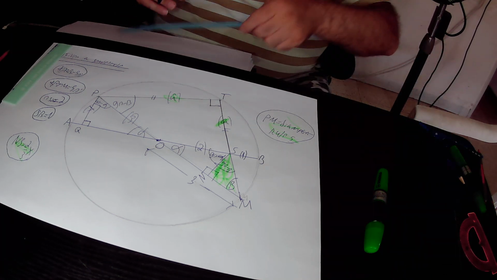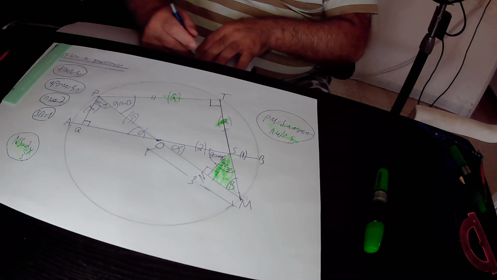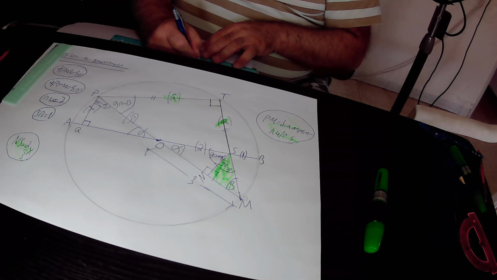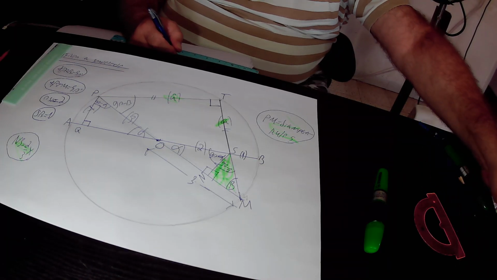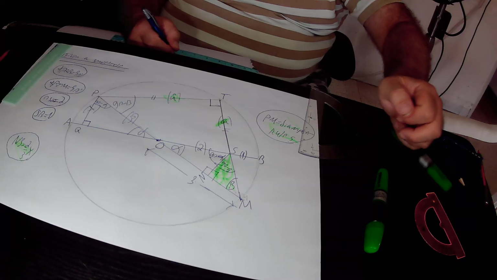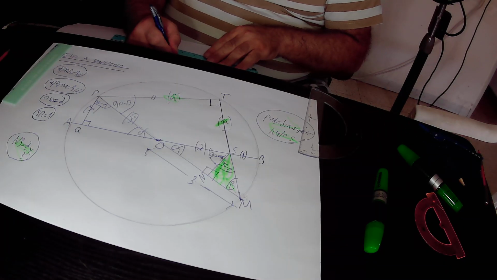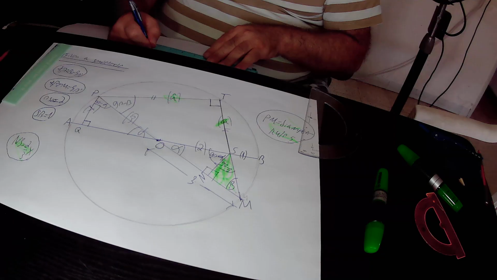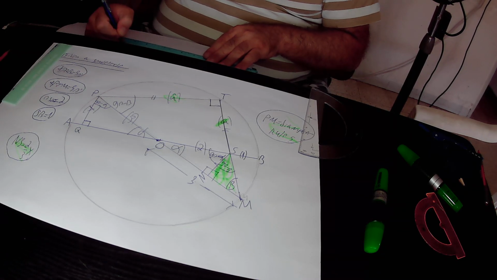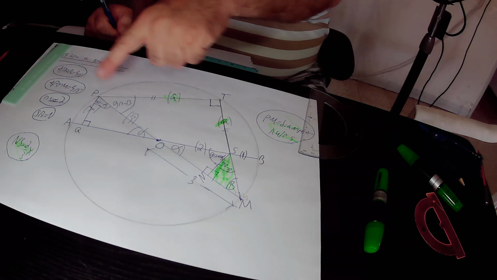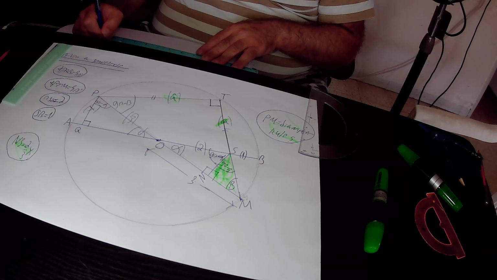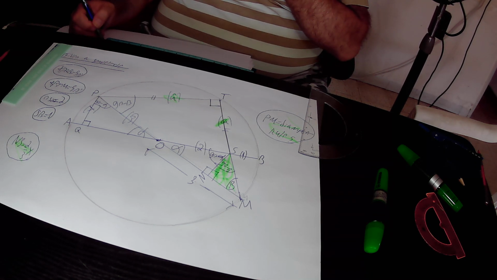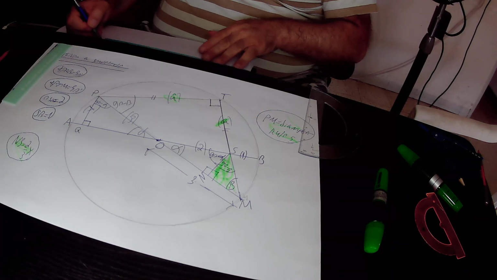We found out that in our original drawing, chord TM intersects with chord AB, and the intersection point occurs at point S.